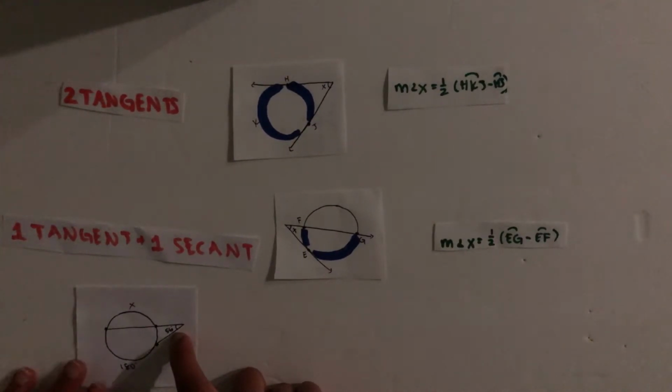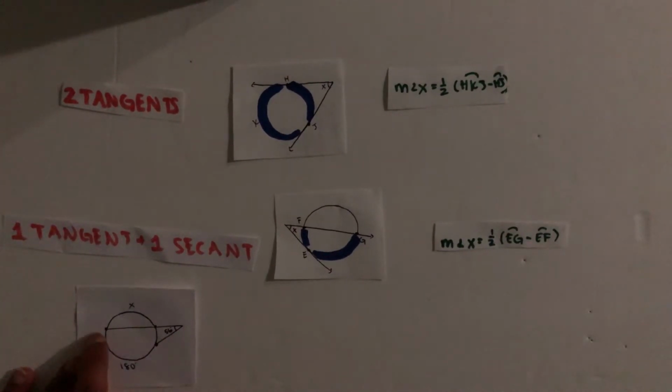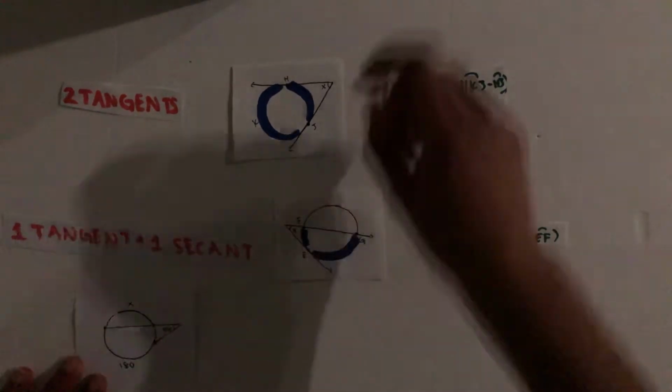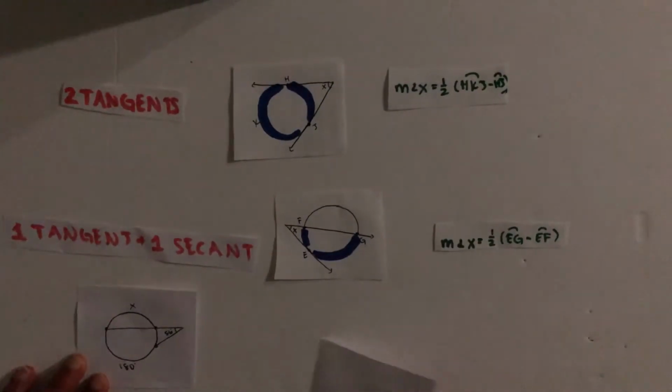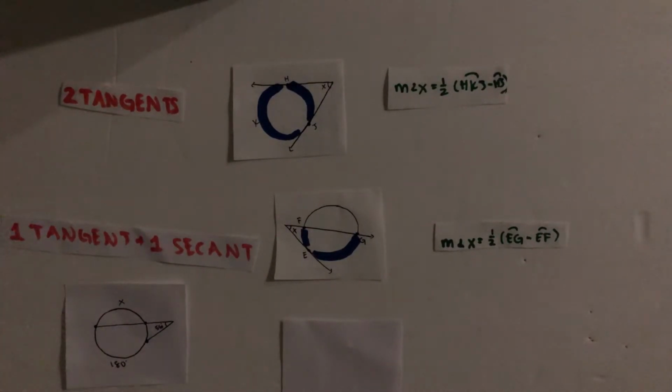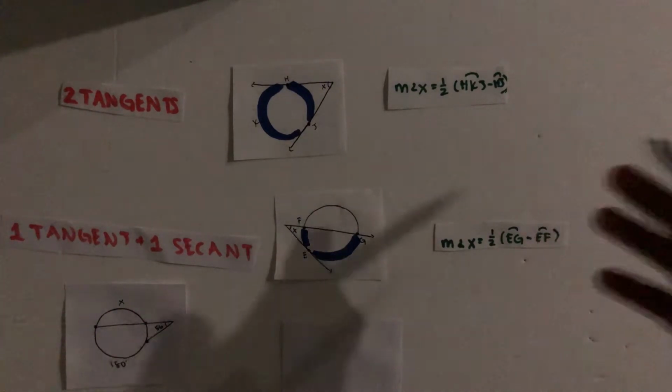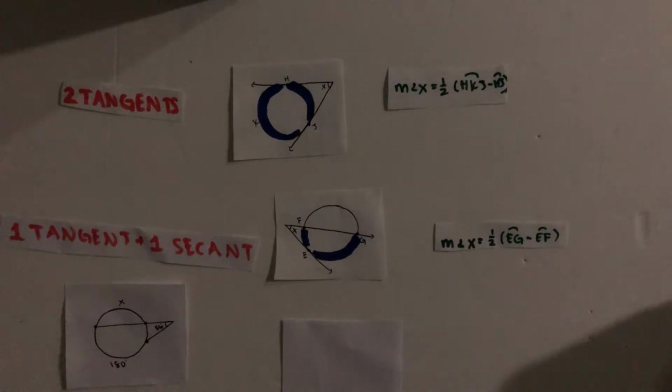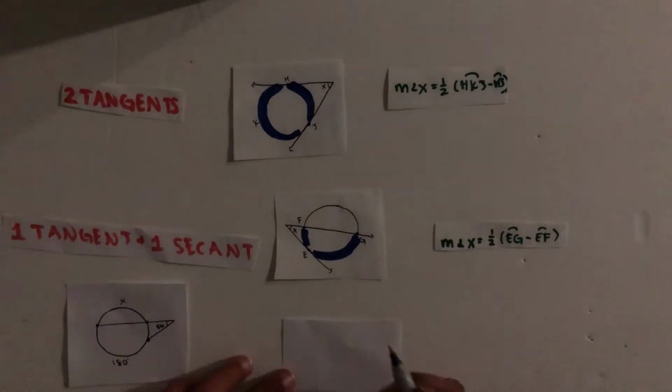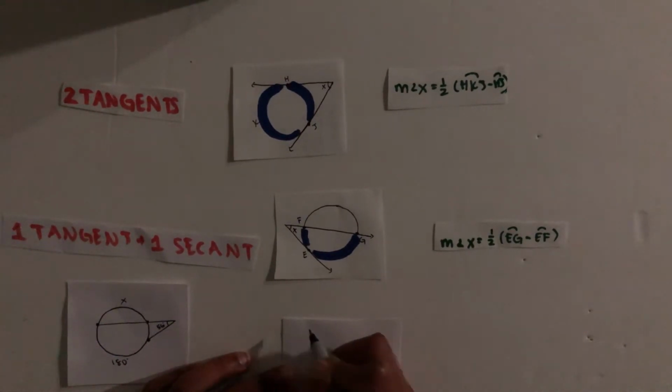And we know that 180 degrees is from this endpoint until this endpoint, and we're asked to find the measure of angle x. So in order to solve this, we can use the formula above, and what we would have to do is plug in 56 as the measure of angle.